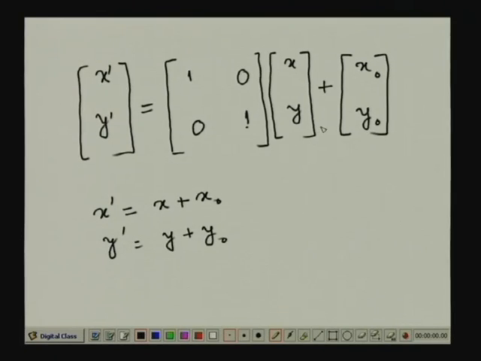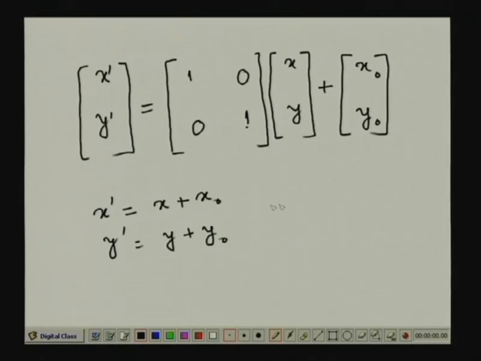If you solve this matrix expression, it gives you the same expression: x prime equal to x plus x naught and y prime equal to y plus y naught. On the right hand side, I have a product of two matrices which is added to another column matrix or column vector.